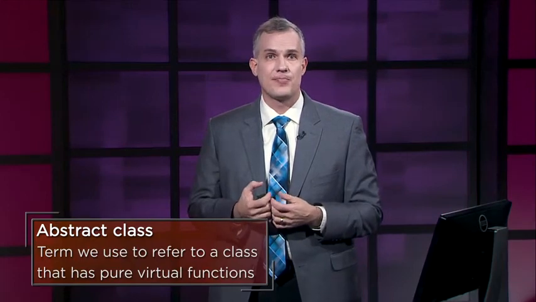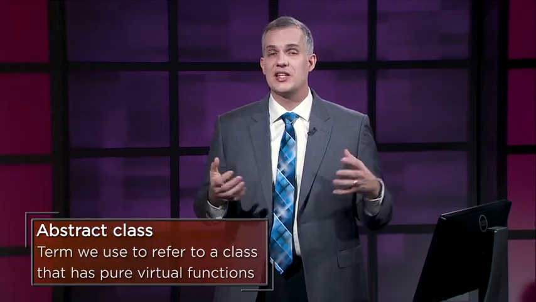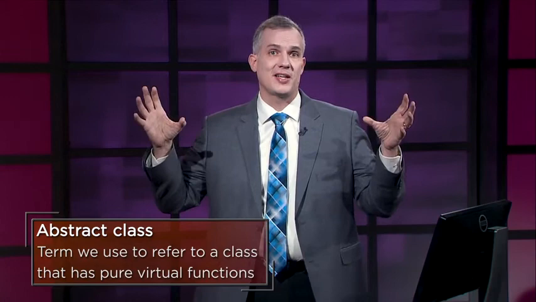So, the term we use to refer to a class that has pure virtual functions is an abstract class. It's abstract in the sense that it defines a general idea, like shipping company, that can't refer to any specific instance of the class, but rather just defines some more general abstract representation.